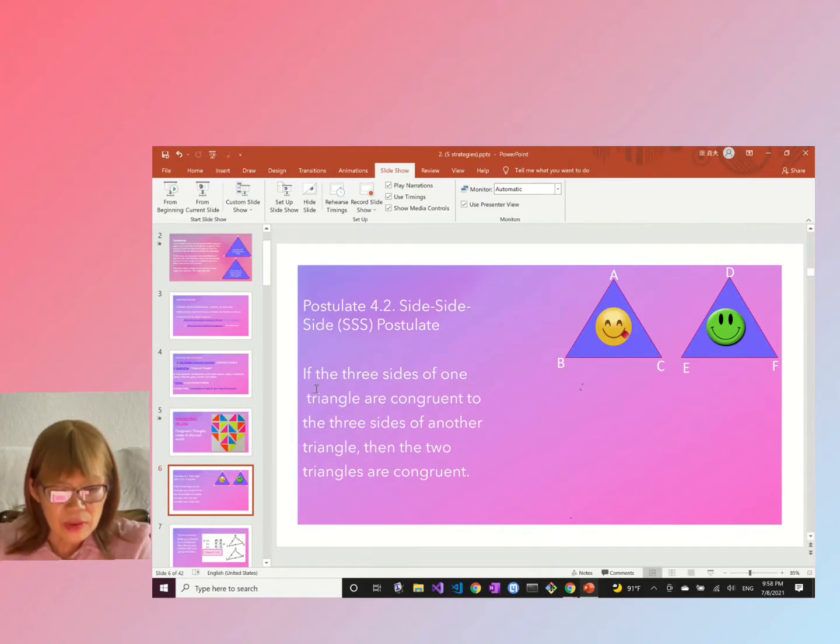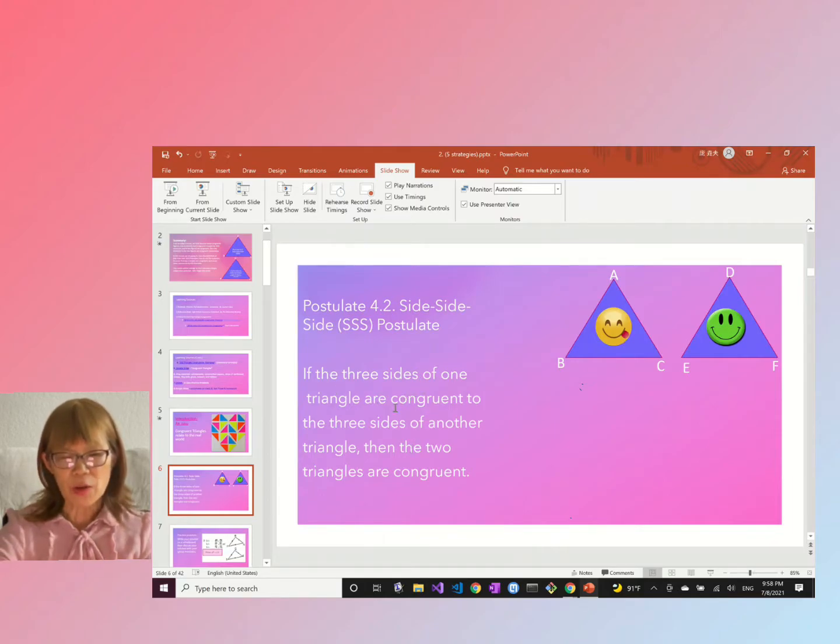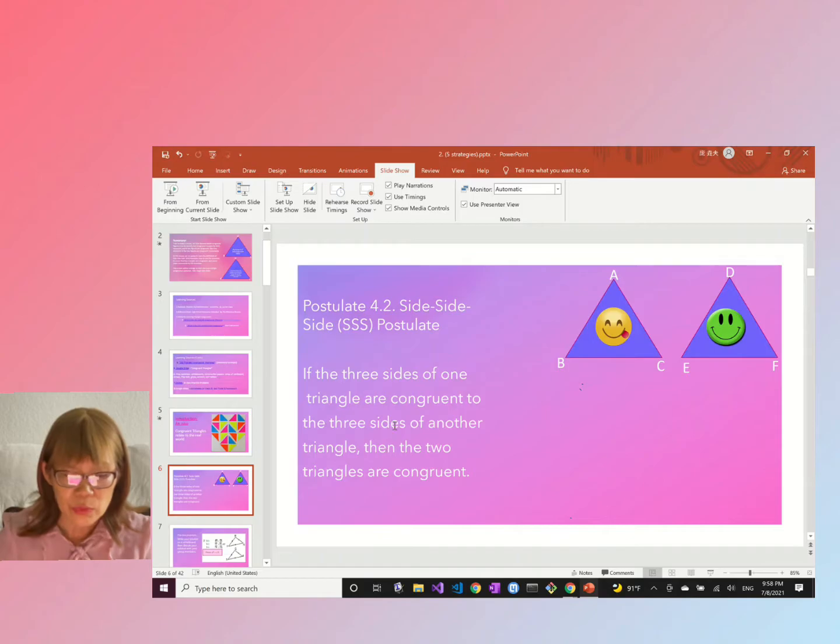It says if the three sides of one triangle are congruent to the three sides of another triangle, then the two triangles are congruent. Does that make sense to you, Leslie? If not, just repeat again and again until it makes sense to you, okay?